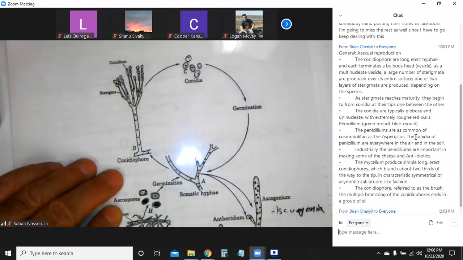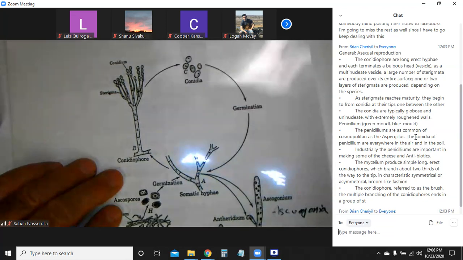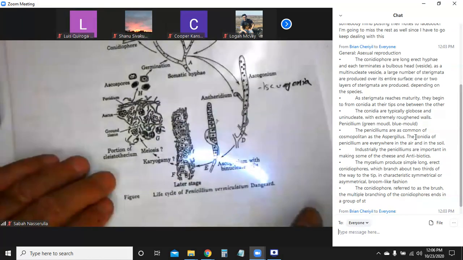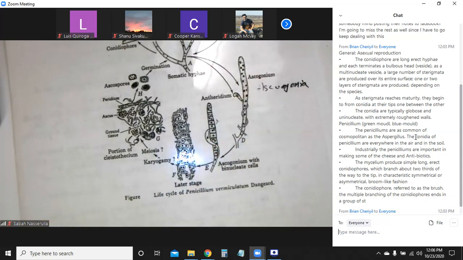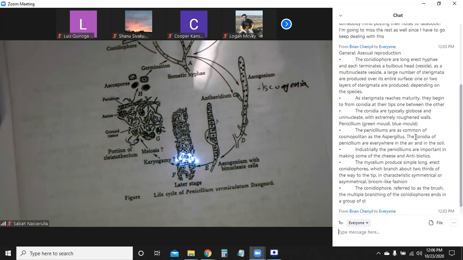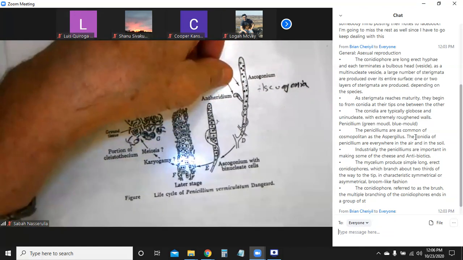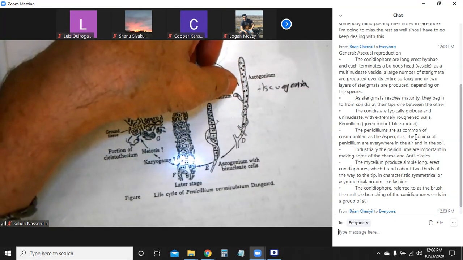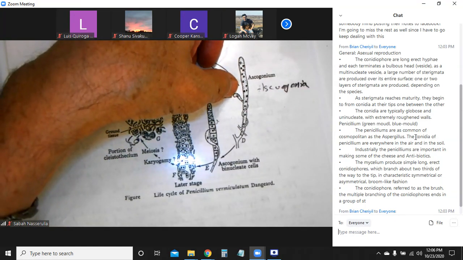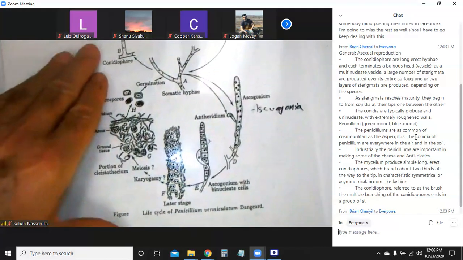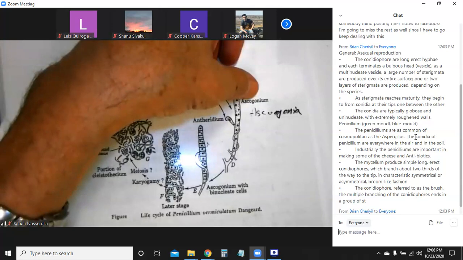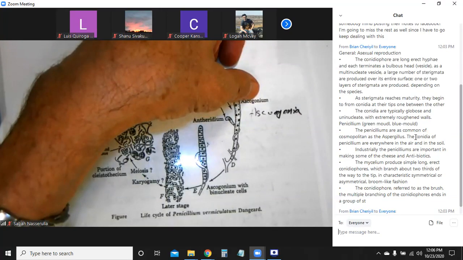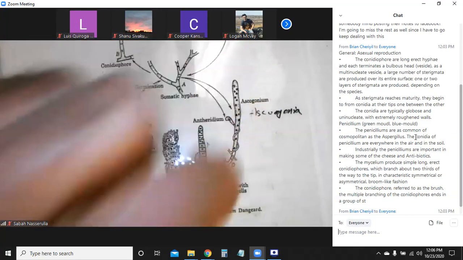Now, in the case of the sexual life cycle, I'm going to use Penicillium as an example. In this case, the male gamete, as you can see here, is known as the antheridium, and the female as the ascogonium, and usually they are coiled around each other.